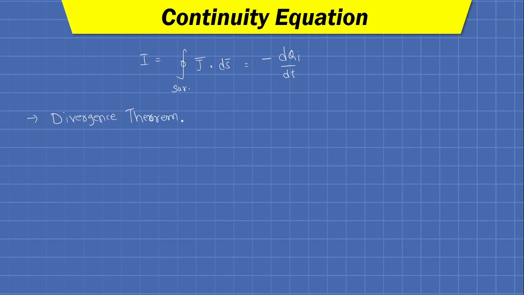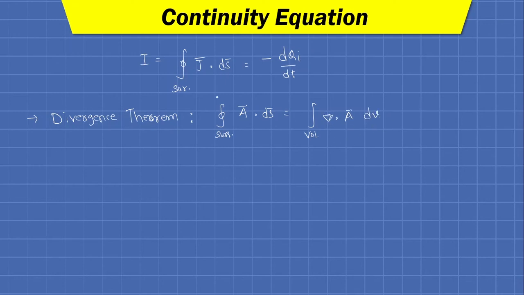So the divergence theorem is basically used to convert the surface integration into volume integration. So we have the closed surface integration of any vector A bar dot ds bar, we can write the same thing as the volume integration of divergence of A bar dV.